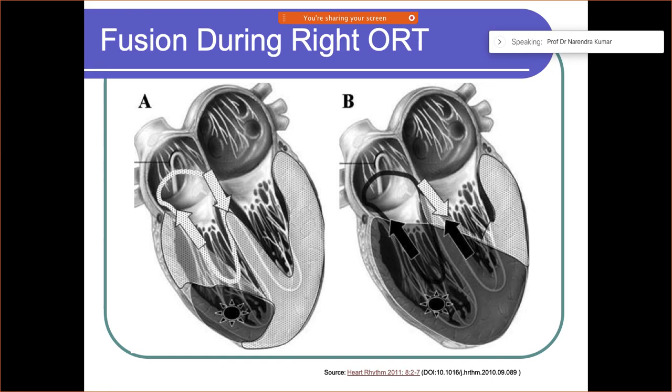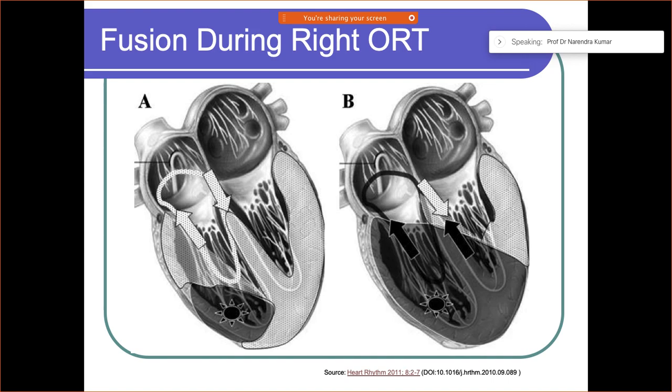Now the other important concept is the fusion during right-sided orthodromic reentrant tachycardia. What happens with fusion during ventricular overdrive pacing in orthodromic reentrant tachycardia in a patient with a right free wall accessory pathway? Before the ventricular overdrive pacing, the ventricles are fully depolarized by the tachycardia wavefront via the AV node.